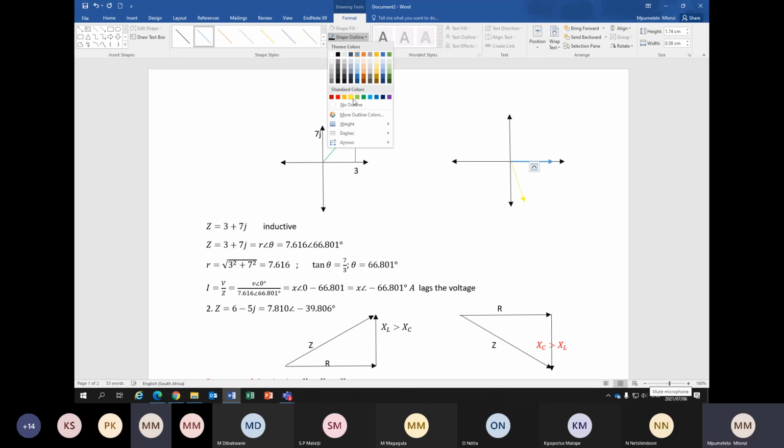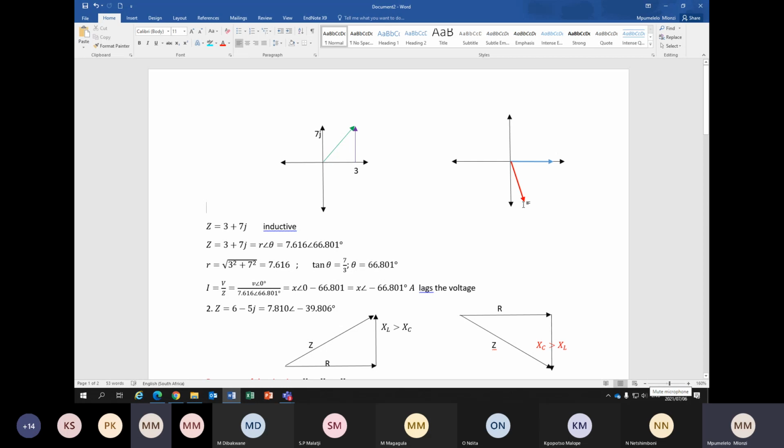Let me use red. Okay, this represents our current. This is our current here. Look now. This is our current, and this is our voltage.